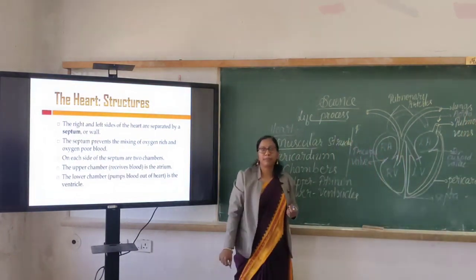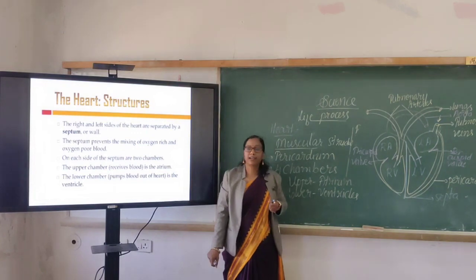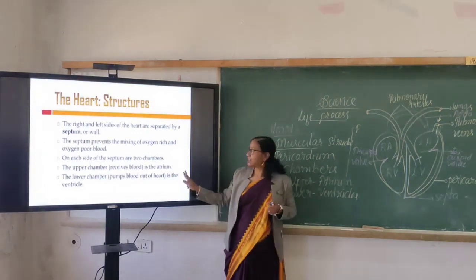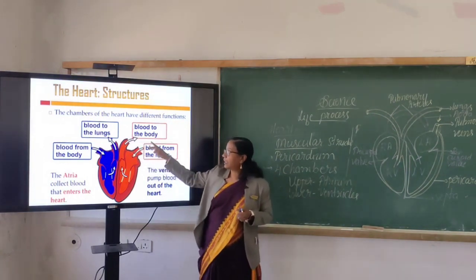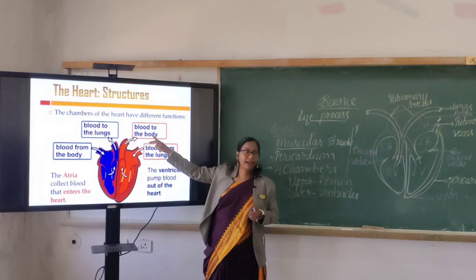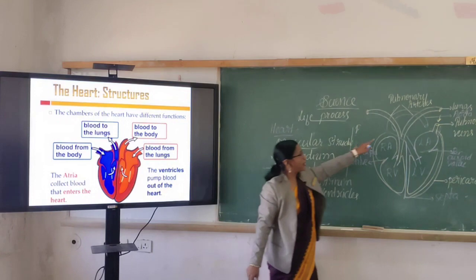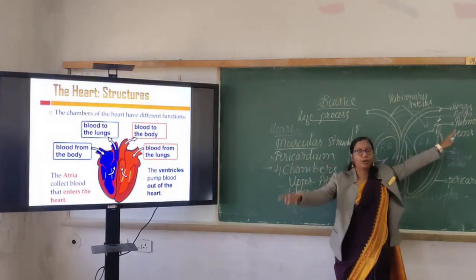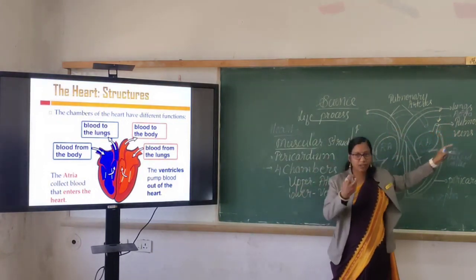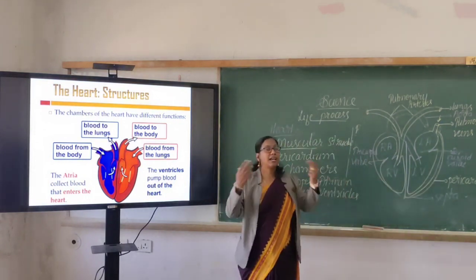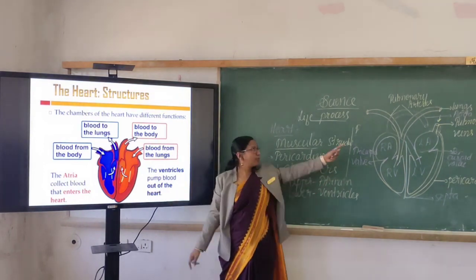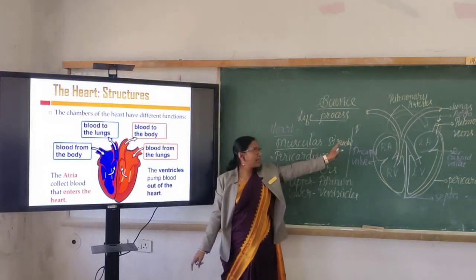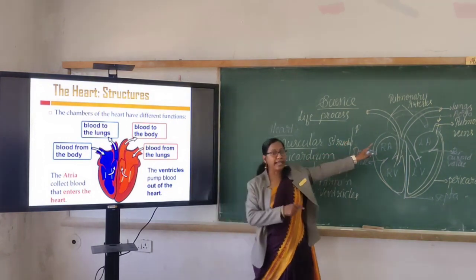Aorta is the biggest blood vessel which carries oxygen rich blood. Here you can see this is the aorta which carries blood rich in oxygen, and where will it go? The aorta will go to all the cells because it has oxygen, and the oxygen has to be given to all the cells. Who will take it?